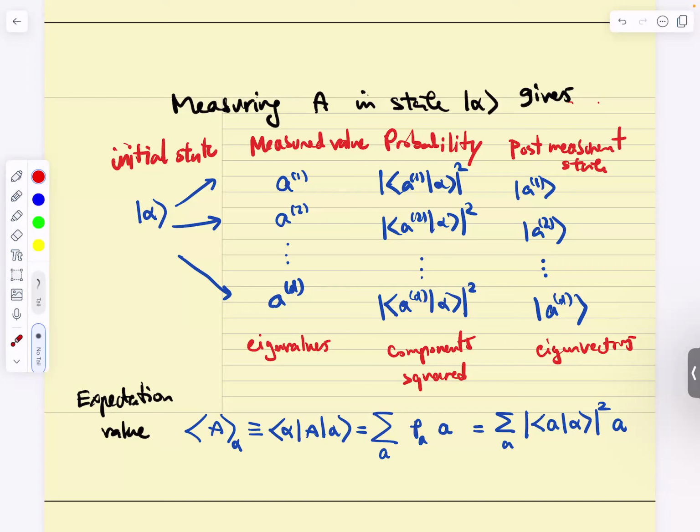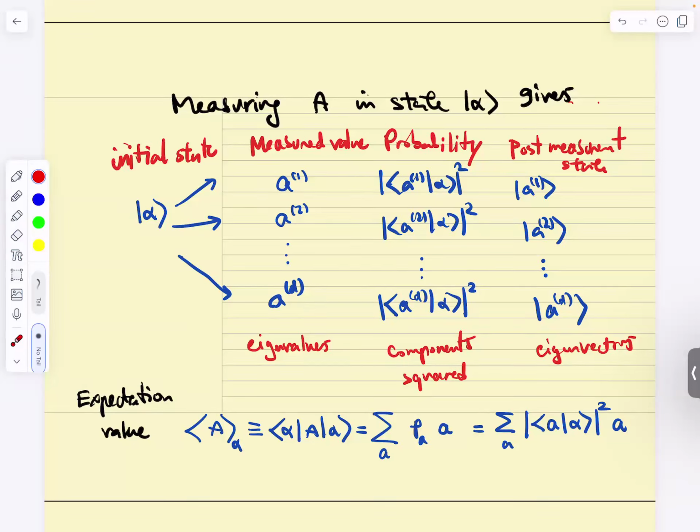So when you measure some observable A in some state ket alpha, there are D different outcomes. D is the dimensionality of the Hilbert space. If you're dealing with qubits, this would be two outcomes.